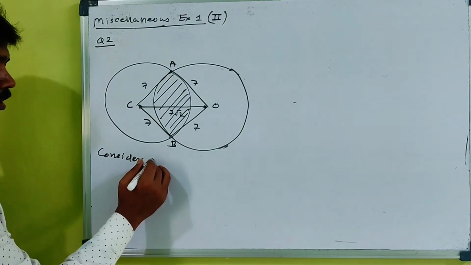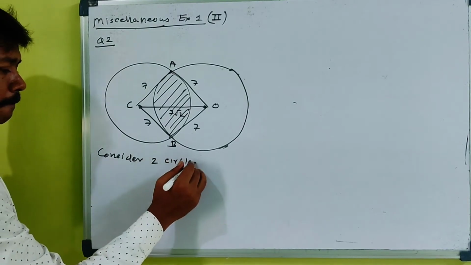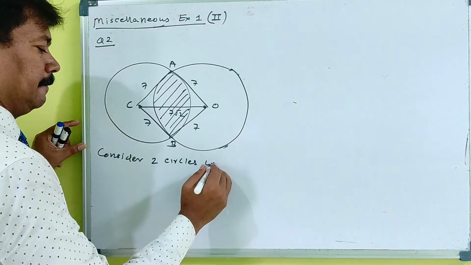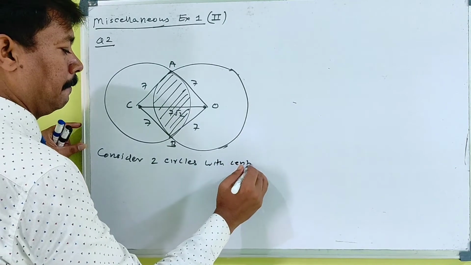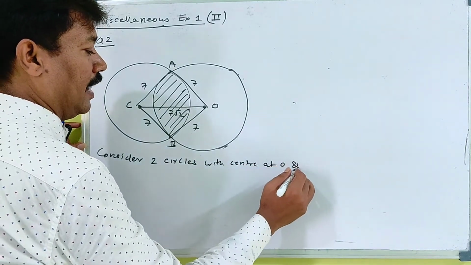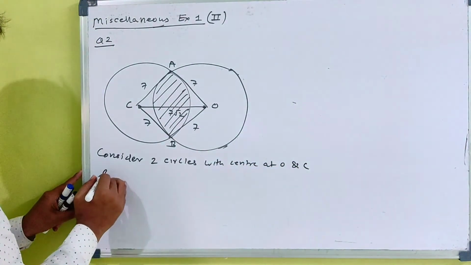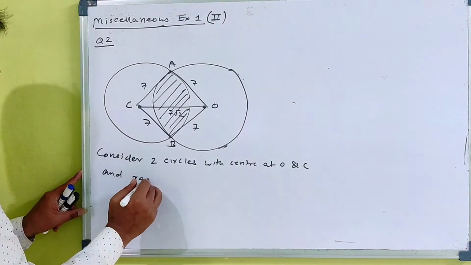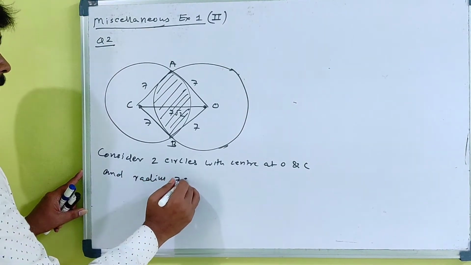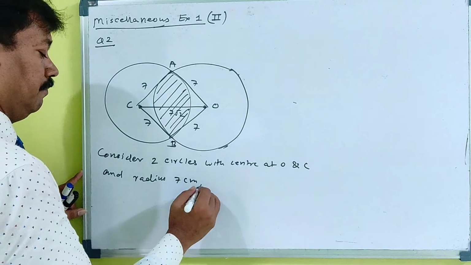Consider 2 circles with center at O and C and radius 7 centimeter.